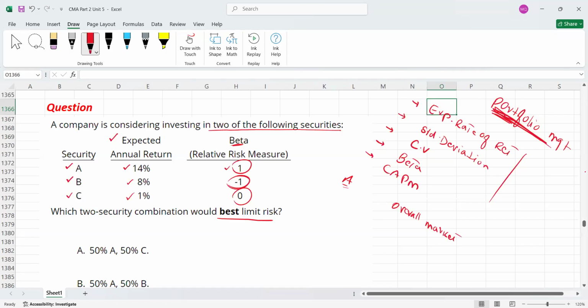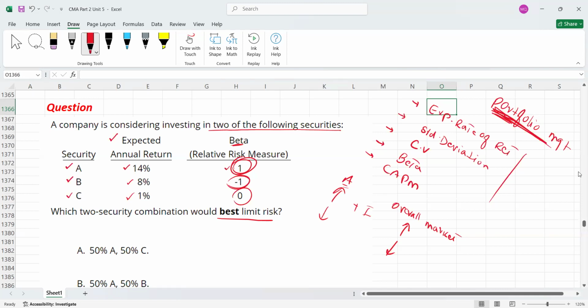Plus one means that if the overall market goes up, the stock prices in the market go up. So if it is plus one, company A's stock price will also go up. If the overall market goes down, company A's price will also go down. So this is what plus one means.